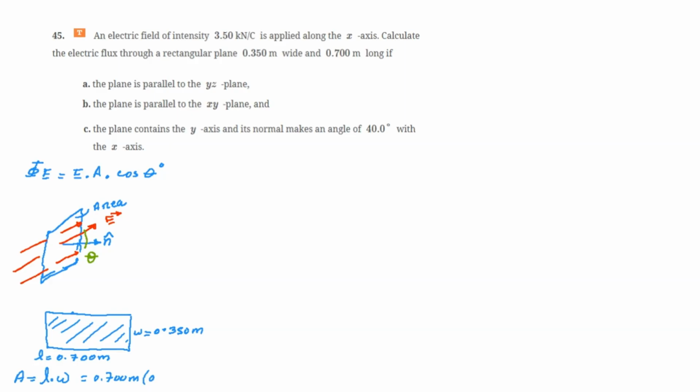So once I know the area, now we're ready to calculate the electric flux for the different positions of the plane. Why? Look at this. How do you represent a three-axis coordinate system, that means a three-dimensional coordinate system? You have here y, of course. This is x. And then this is the axis z.